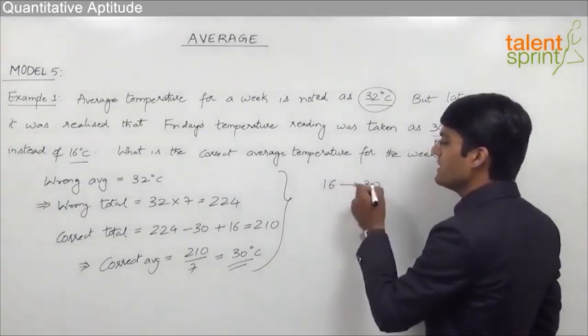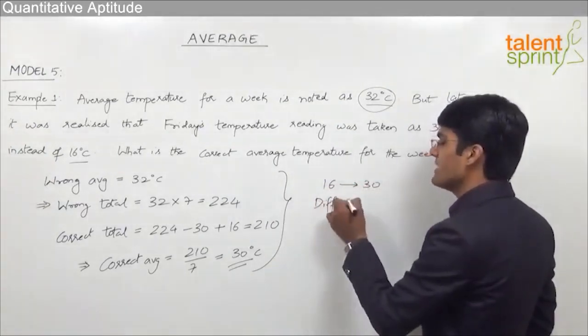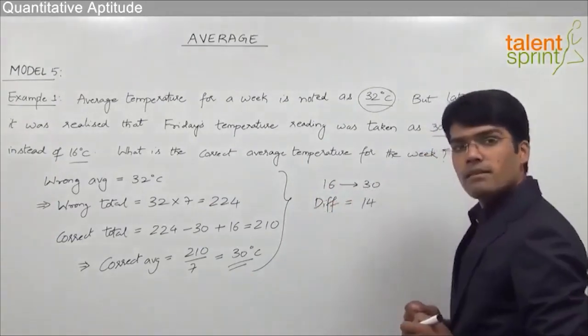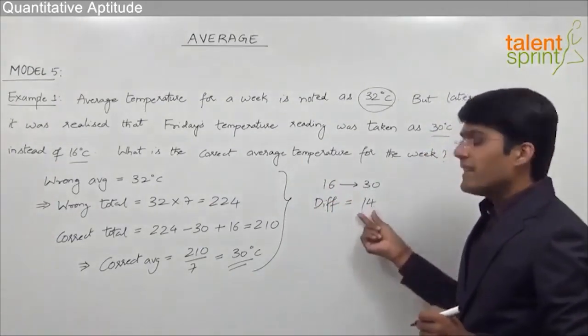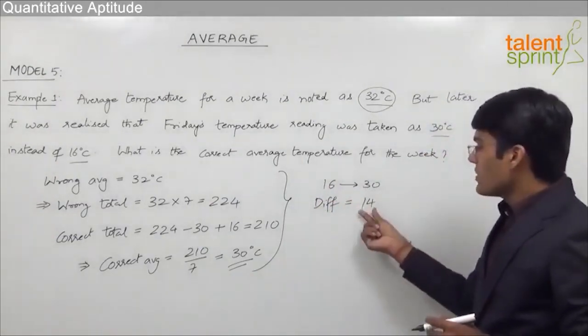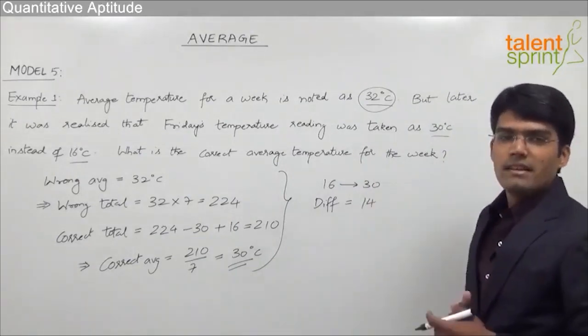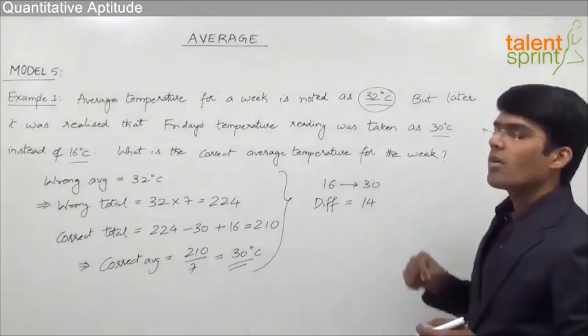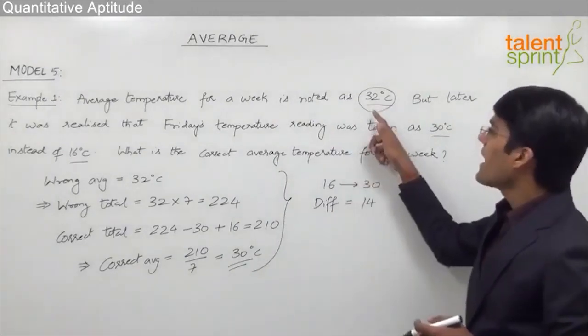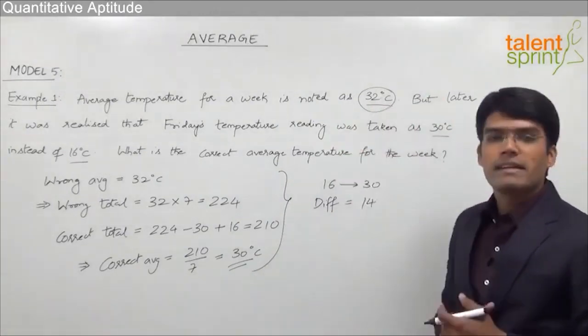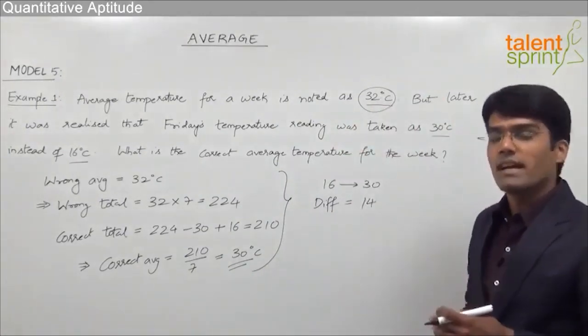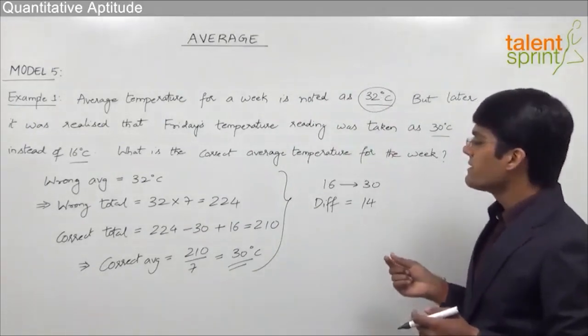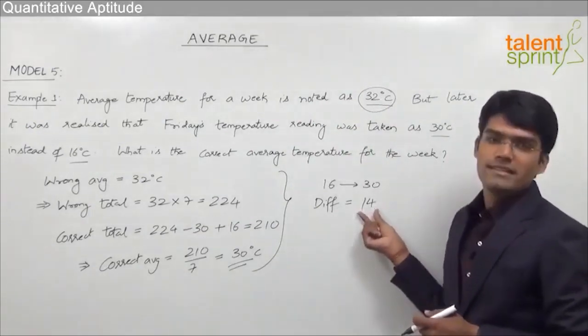So the difference between these two values is 14 degrees. So that means while calculating the average, 14 degrees was added extra in the total. So that is the reason we have got a wrong average. And this wrong average is higher than the correct average. So to find out the correct average, we need to decrease the overall temperature by 14 degrees.